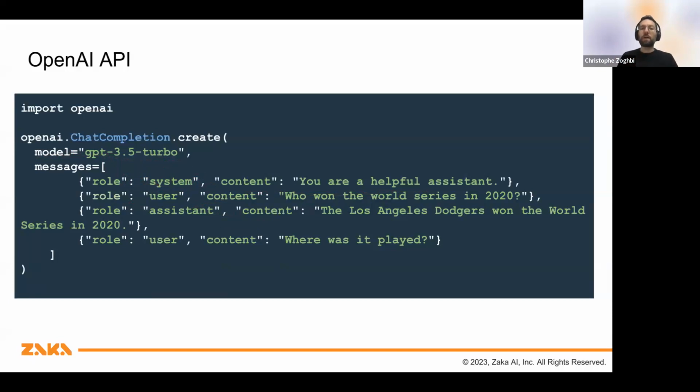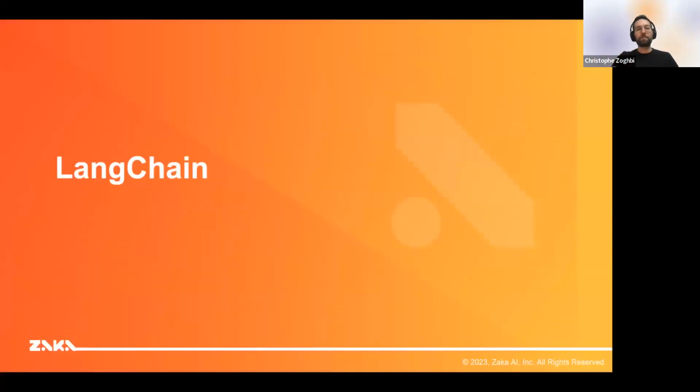In this case, you are a helpful assistant. Then the user asks who won the World Series in 2020. Then the assistant replied the Los Angeles Dodgers won the series. And then the user asked where was it played, etc. So there's a context, there's a chat history, and that's how we keep track of it in the messages argument in the API. I'm going to show you all of these in code, but that's basically how it is. It's pretty straightforward. You call a few APIs and then you communicate with OpenAI.